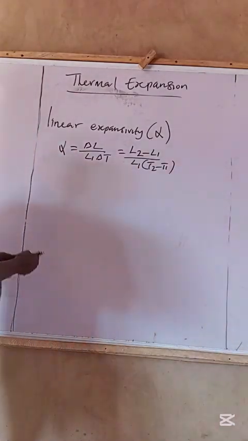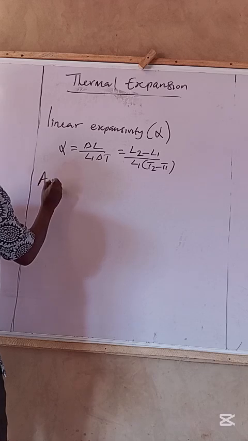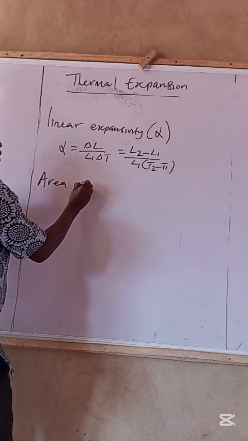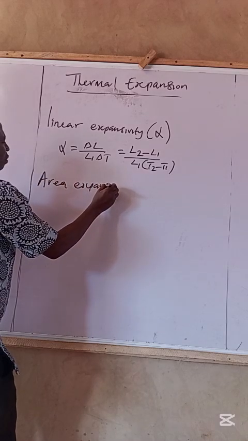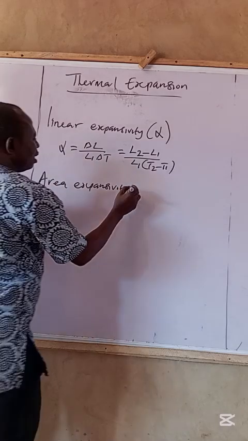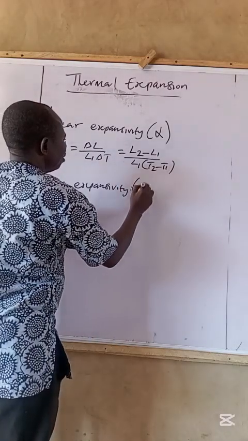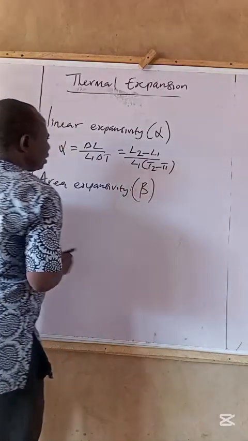Another thing we need to know is the area expansivity. That one is also represented by beta.